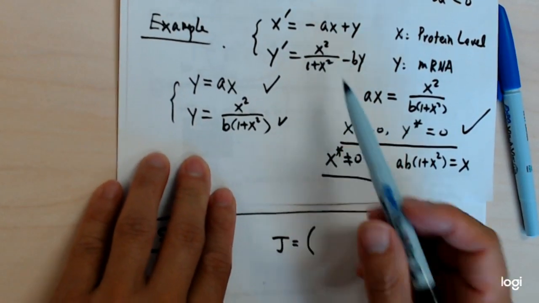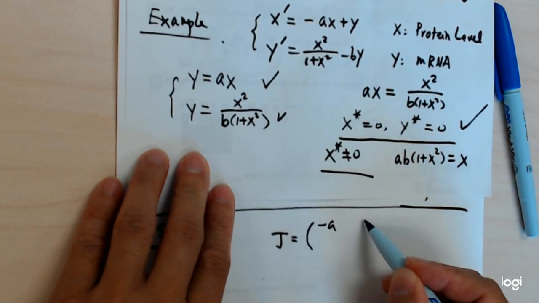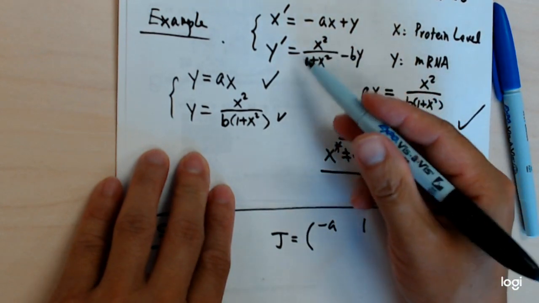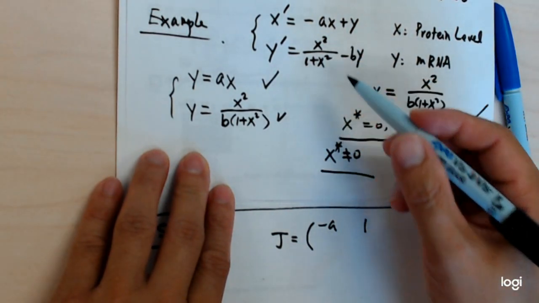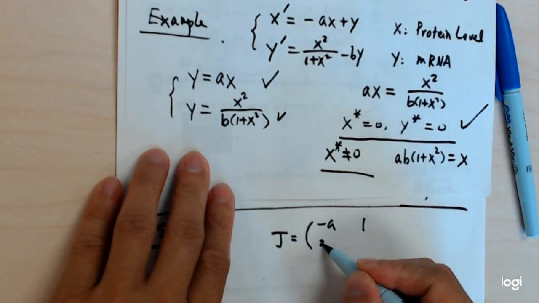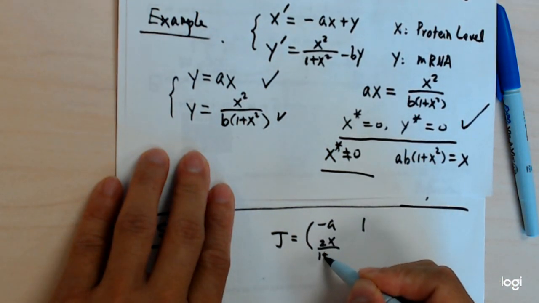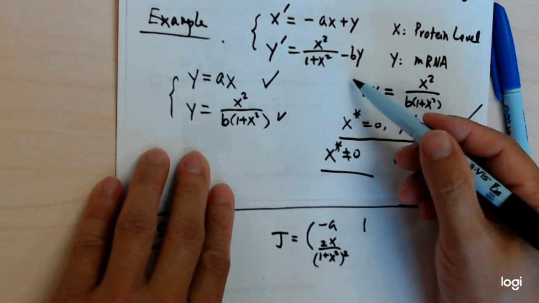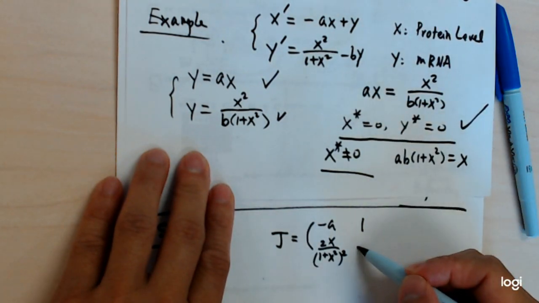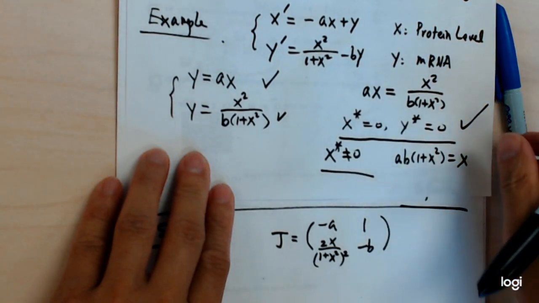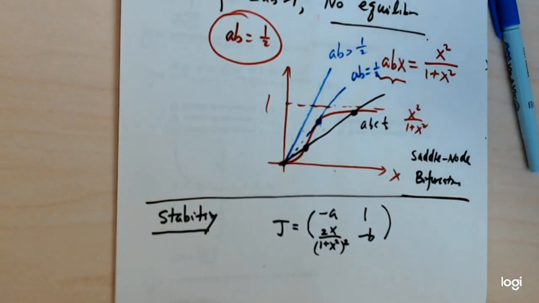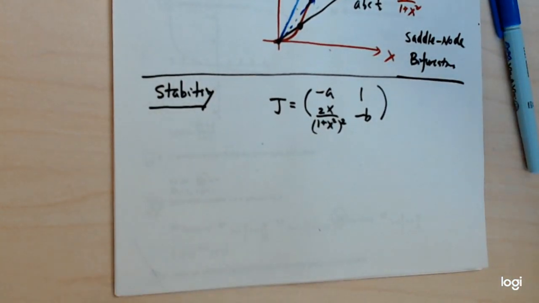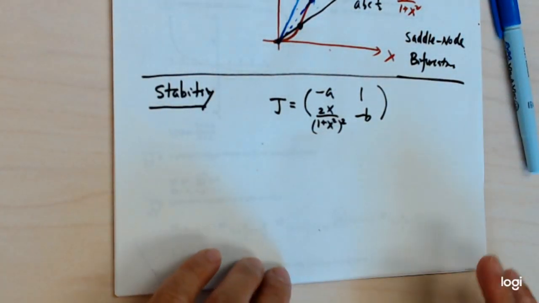Differential with respect to x, differential with respect to y, differential with respect to x. So you're going to do the quotient rule here. You get something like this. Differential with respect to y, you take negative b. So that's the Jacobian matrix.